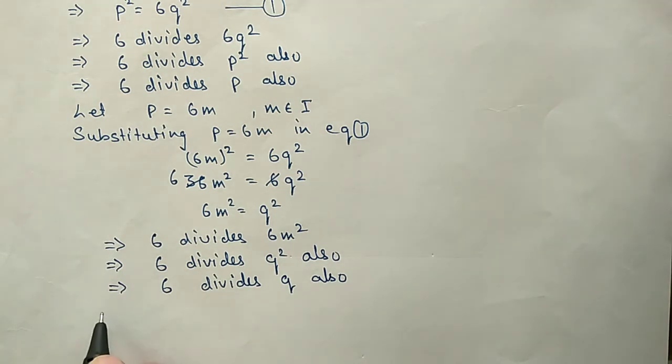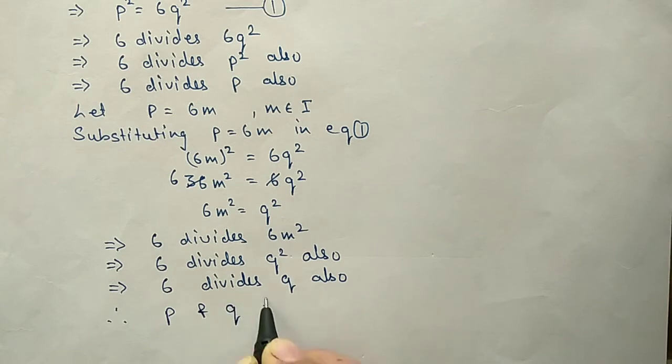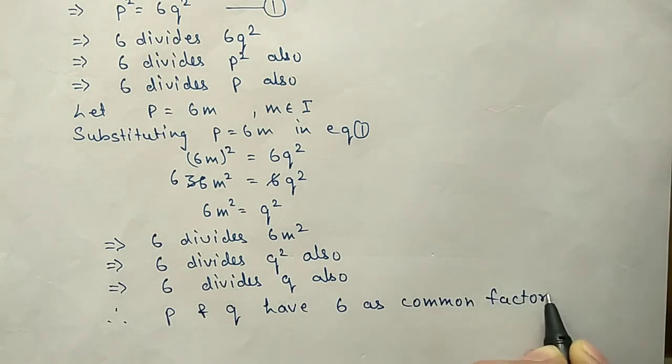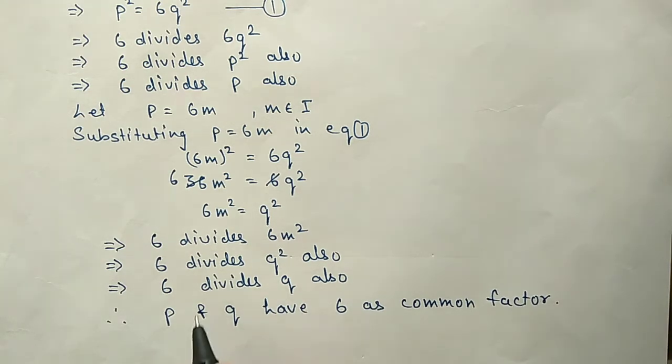It means p and q have 6 as a common factor. But at starting we have taken that p and q have no common factor, but here we are getting 6 as a common factor. So this statement contradicts the first statement.